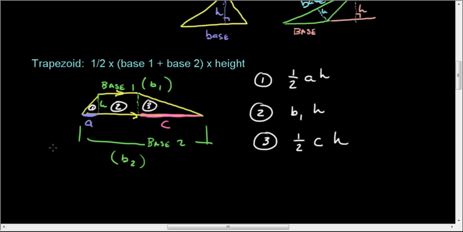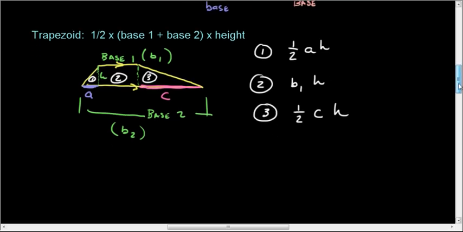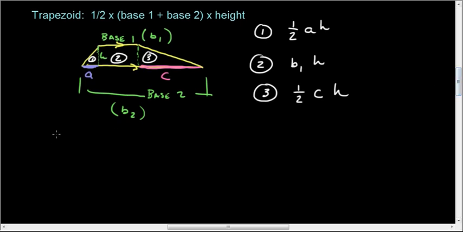Now all I have to do is add all of these things together, and I get my new area. And so if I take 1 and I add it to 2 and I add it to 3, then I get 1/2 A times H plus B1 times H plus 1/2 C times H.